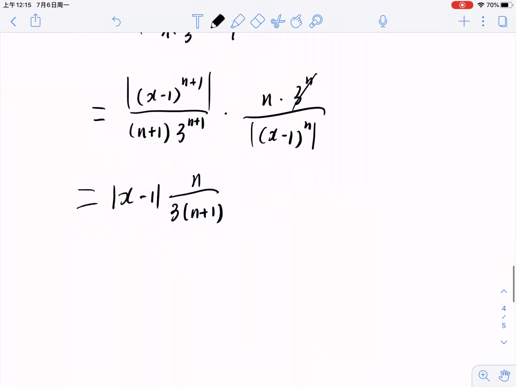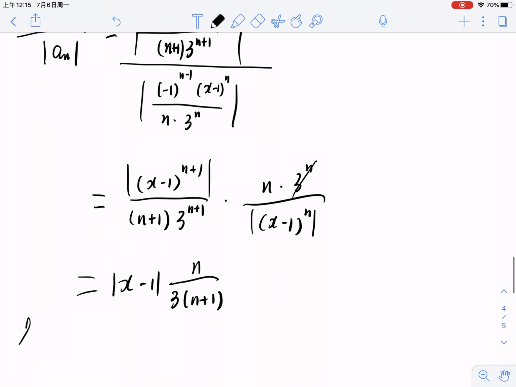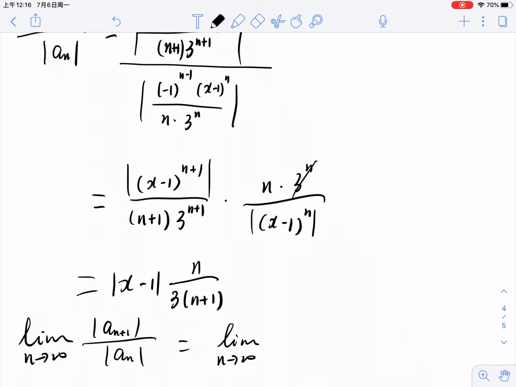As n goes to infinity, the limit of |x − 1| times n over 3(n + 1) is |x − 1|/3.